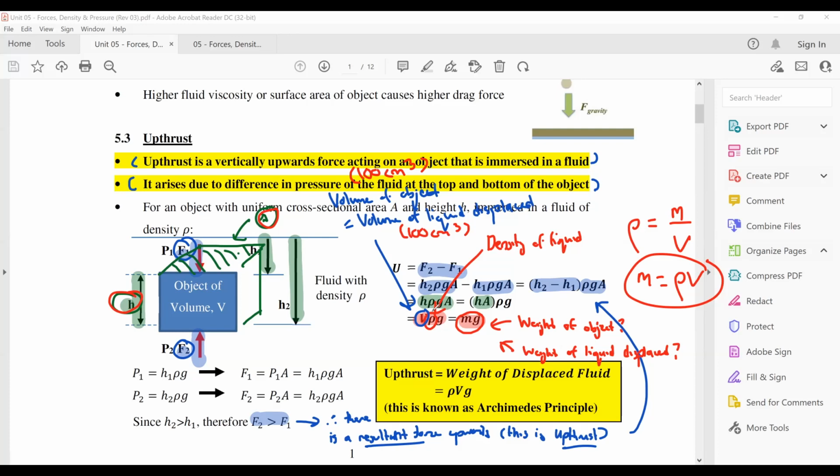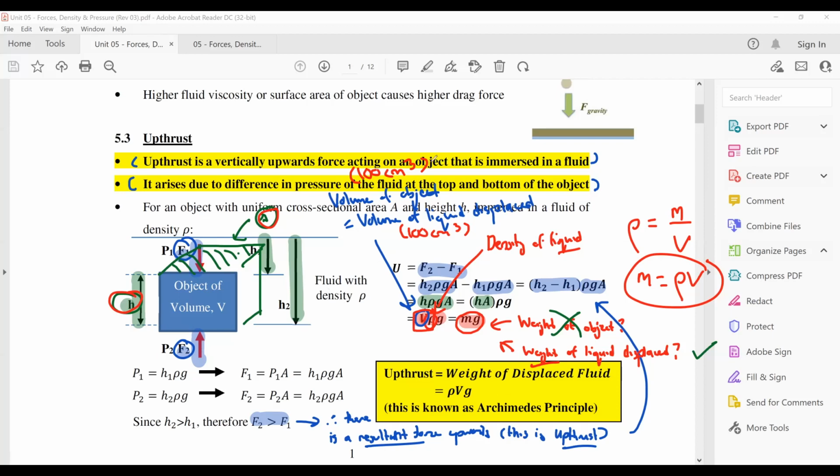But once you multiply with the density, where the density here is clearly the density of liquid, it is telling you that it is the mass of the liquid displaced. Multiply with g, you get the weight of the liquid displaced. So this mg here is not the weight of the object. It is the weight of the liquid displaced.